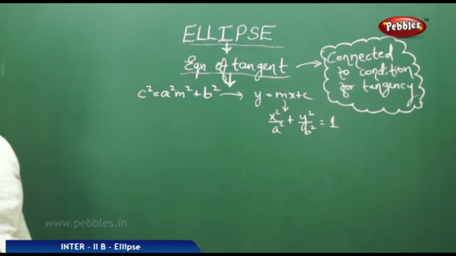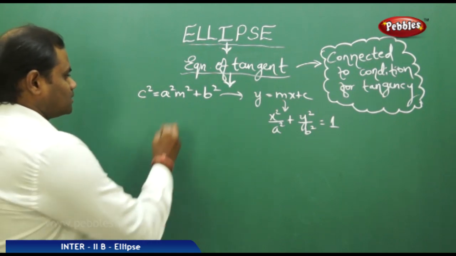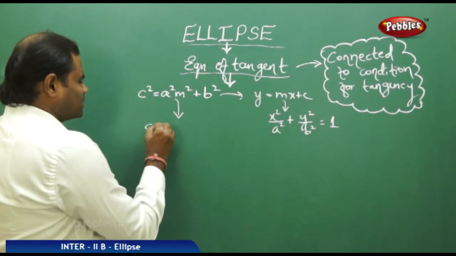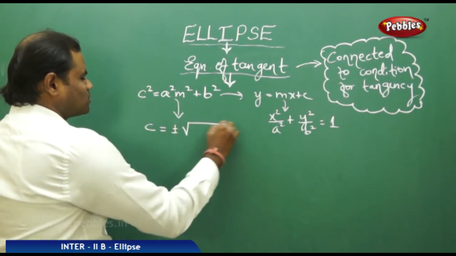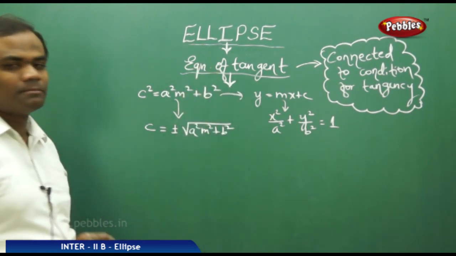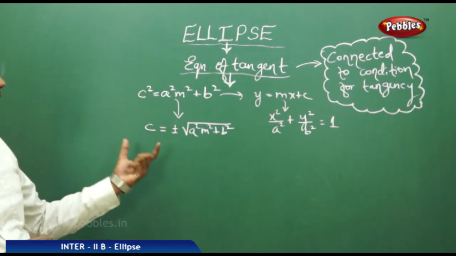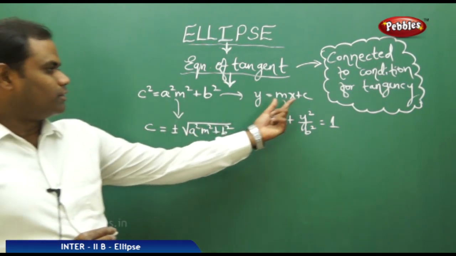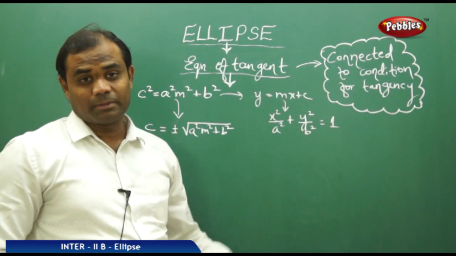So this has two values, that is c equals plus or minus root of a squared m squared plus b squared. Therefore, I have two values of c which I can substitute in y equal to mx plus c.